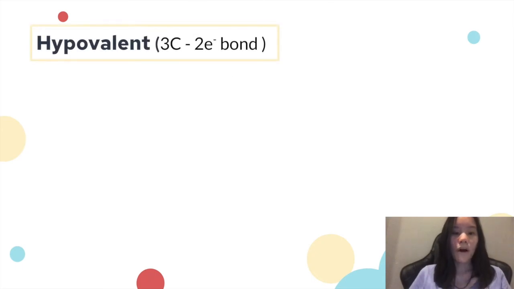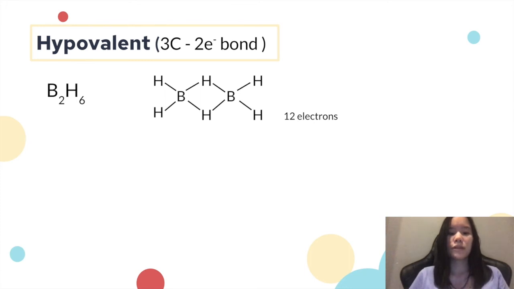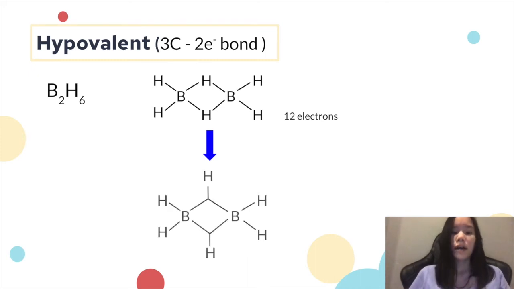The example of hypovalent is B2H6. Normally, the structure of B2H6 is shown on the top with 12 electrons. But to demonstrate this molecule with 3-centered 2-electron bonds, it should be drawn as the structure below.